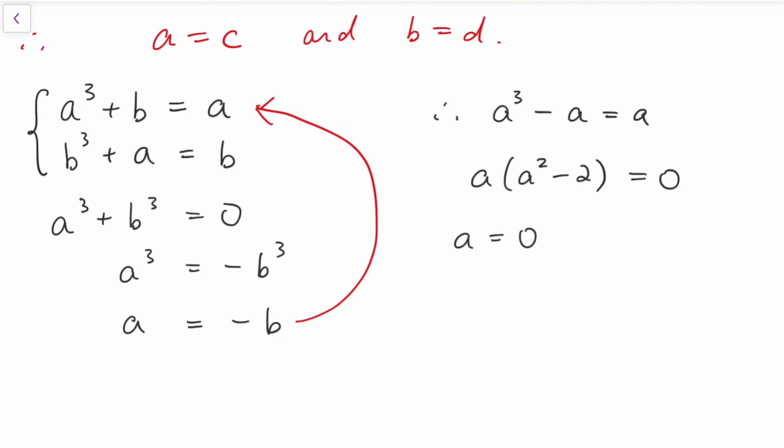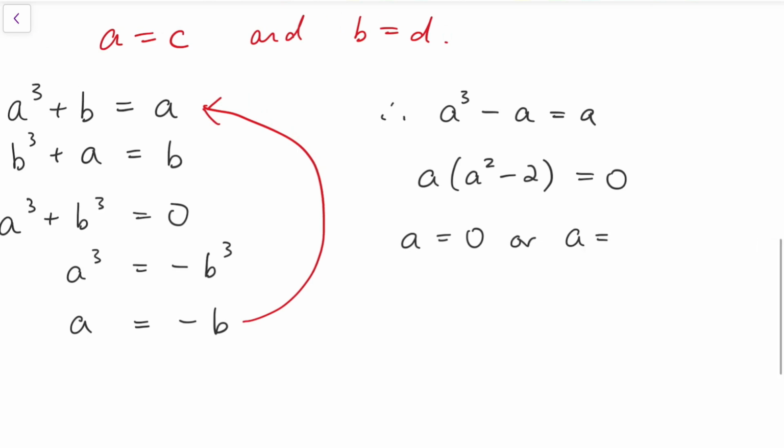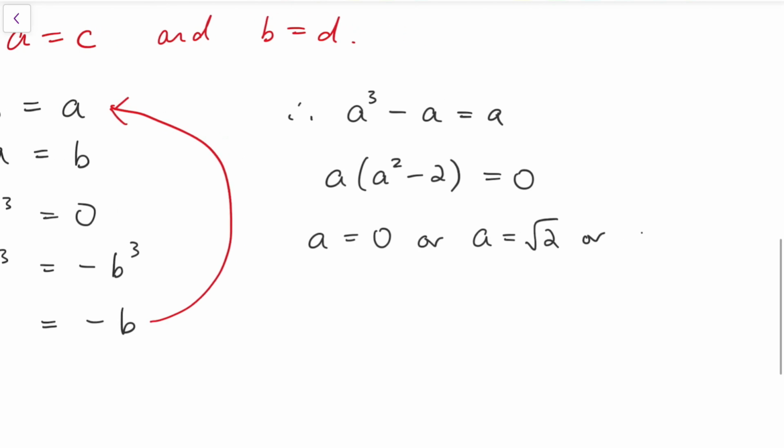Here we can also obtain the all zeros solution from a equals 0. Otherwise, we will have a equals positive square root of 2 or negative square root of 2. If we have positive square root 2, then that means b and d have to be both negative square root of 2, and c will also be equal to a.